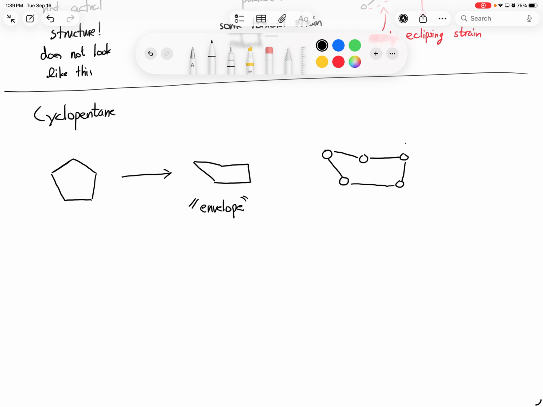We have smaller spheres for the hydrogens. What happens here is that these two interactions are so far apart that they are not considered eclipsing anymore. So this is like our staggered conformation, but it's not exactly staggered either.